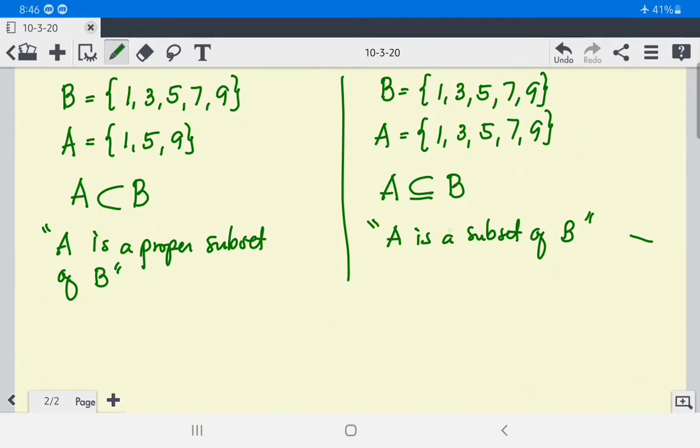So as you can see, the elements of A and the elements of B are equally the same.